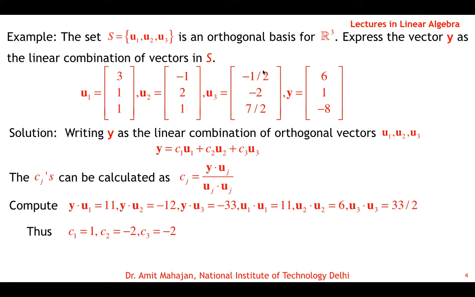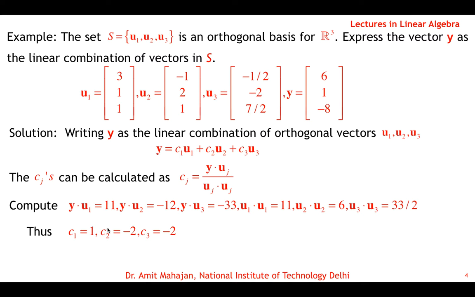And the square of each entry added up gives u3 dot u3. So c1 is y dot u1 divided by u1 dot u1, so 11 by 11, which is 1. C2 is y dot u2 divided by u2 dot u2, so minus 12 by 6 is minus 2. And y dot u3 is minus 33, divided by 33 by 2, so again that is minus 2.